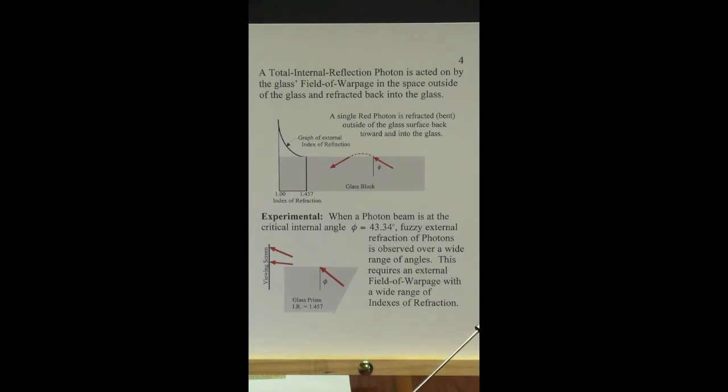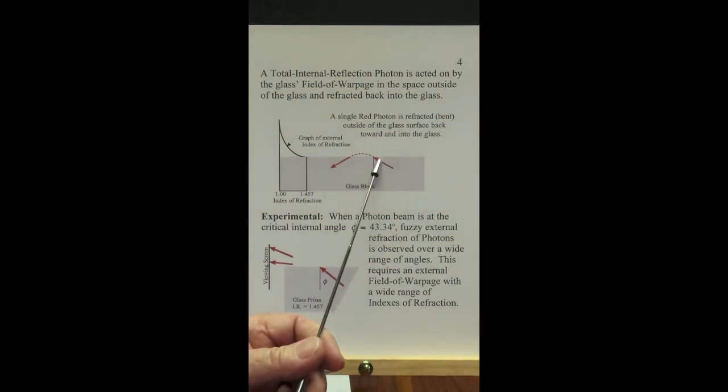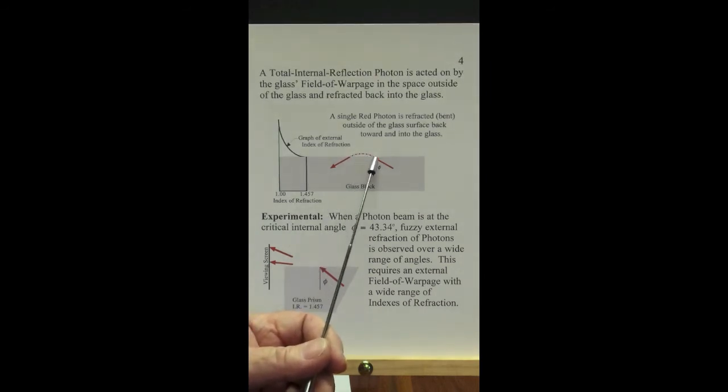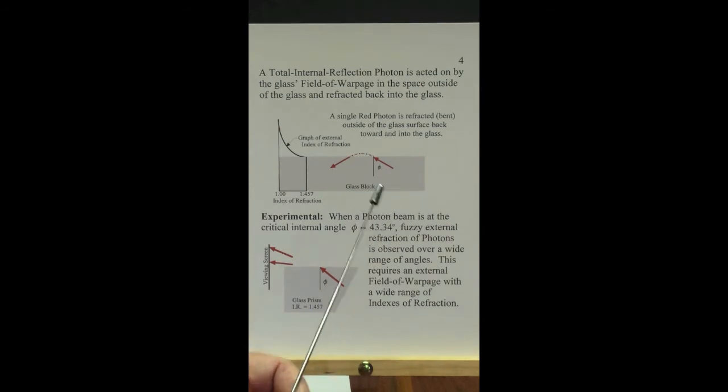And rather than simply totally internally reflecting at that point, that photon actually escapes out of the surface and is acted on by the field of warpage on the outside of the glass and is caused to deflect and turn back into the glass. So as a matter of fact, total internal reflection might more correctly be called total external refraction.